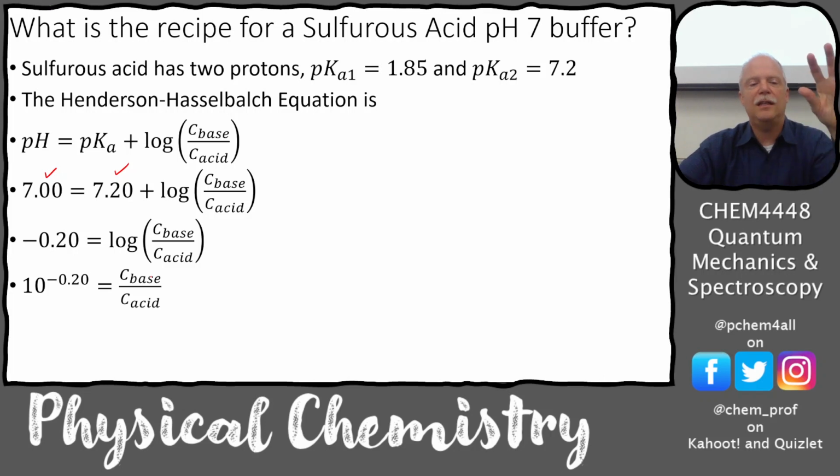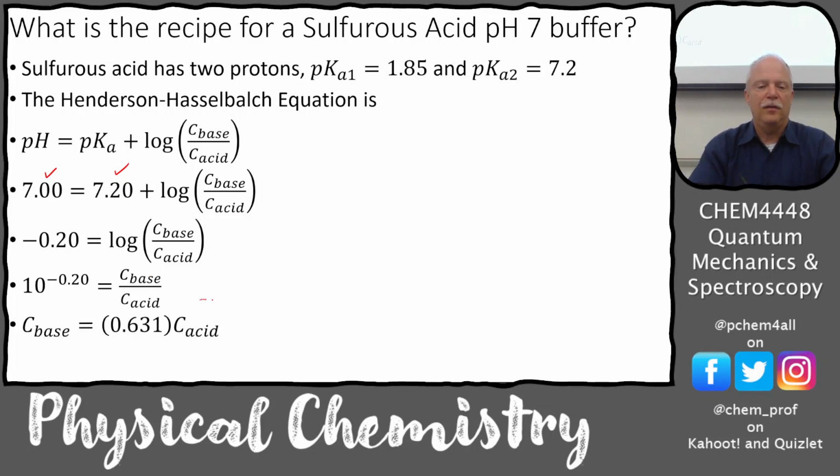So if we know the acid concentration, we can calculate the base concentration. So if we go by the acid and we make a certain solution of a certain concentration of acid, then the base concentration needs to be 63% of that, or 0.63 times that acid concentration. And then that'll be a buffer that gives us a pH of 7.